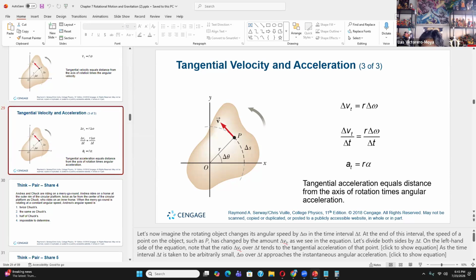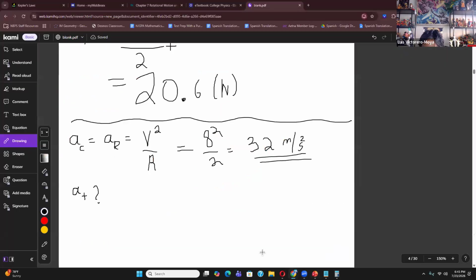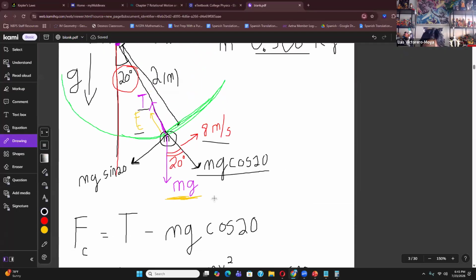Well, we have to look at the tangential component of the velocity and the force. The velocity is going like this. But the tangential component of the force is this. Is there another force acting in this direction? Not really, right?